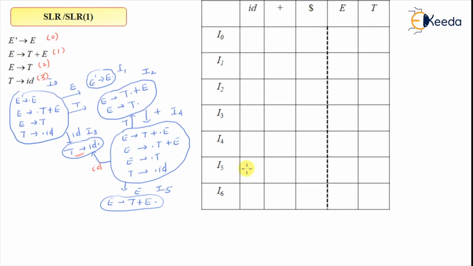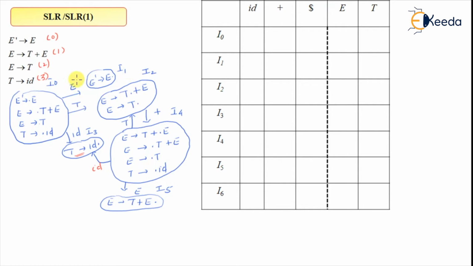Welcome back. Just now I explained how this SLR or SLR(1) parser works. We are restricting the reduction part, so here we are not filling the entry as it was in LR(0). We are looking at the relationship and then we are filling the entry.